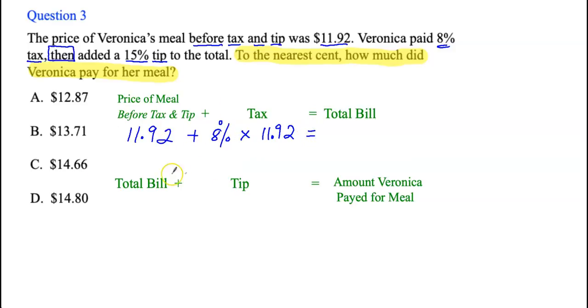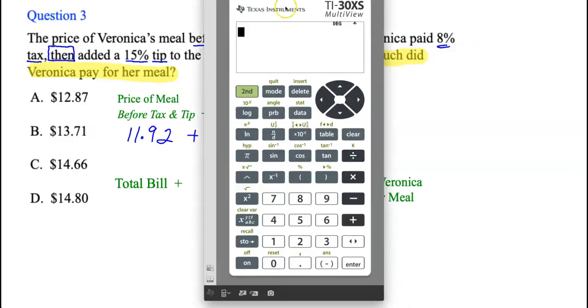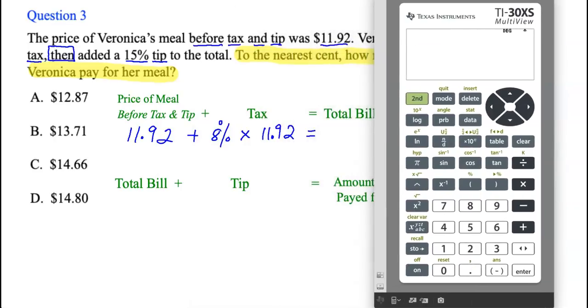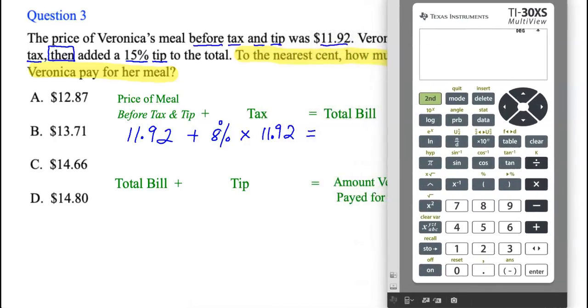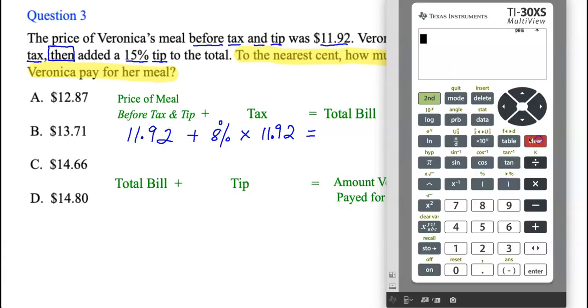And now I'm going to punch this into my calculator to get the total bill. So $11.92 plus 8%. Now you don't need to change this to a decimal. There's a percent symbol right here on your calculator right above the open parenthesis. So I'm going to type in my 8.